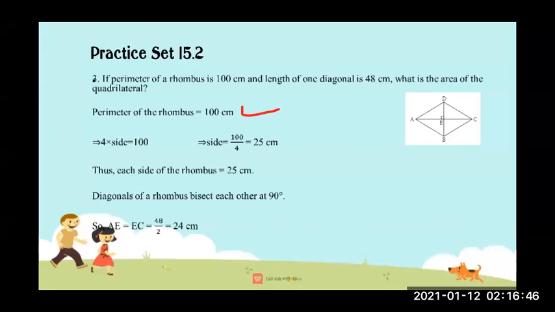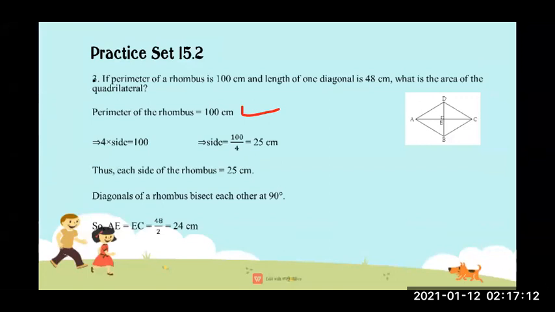You have to use the formula of perimeter of a rhombus, that is 4 into side equal to 100. Now 100 is our perimeter. The formula of perimeter is 4 into side.